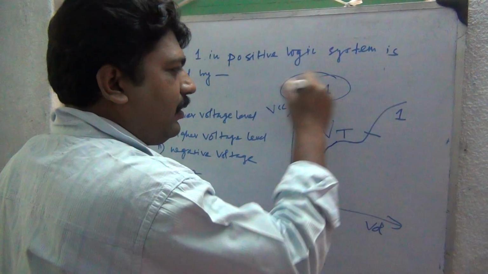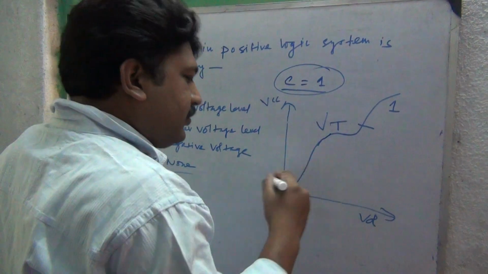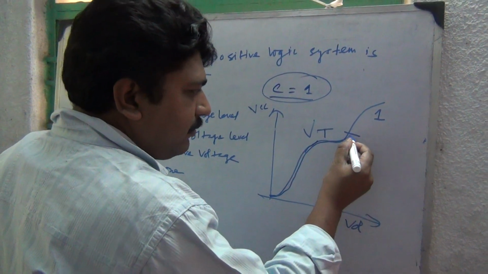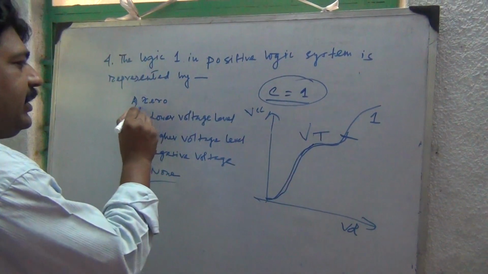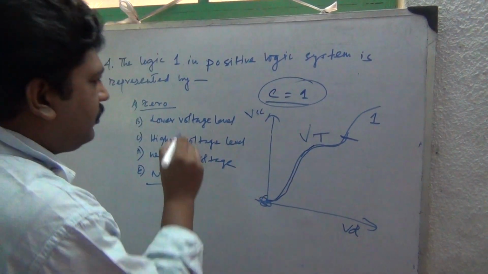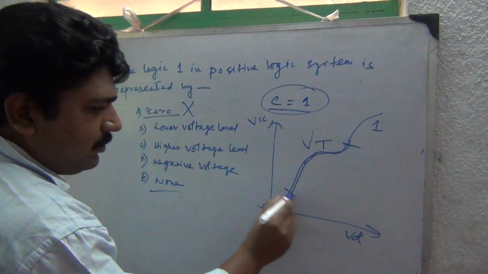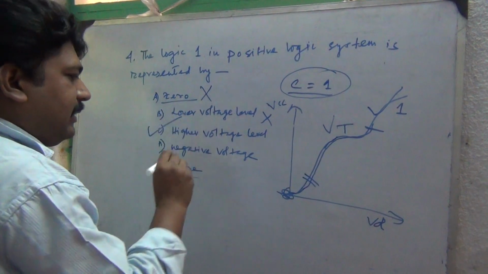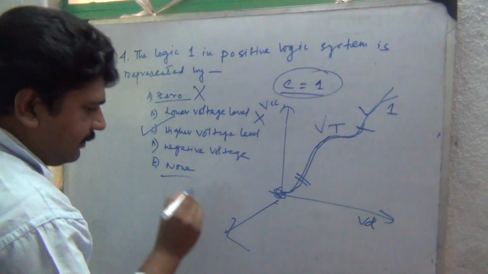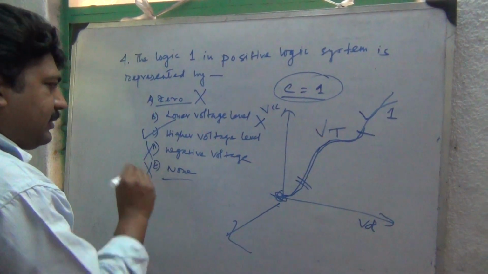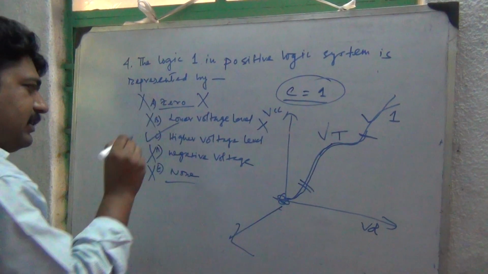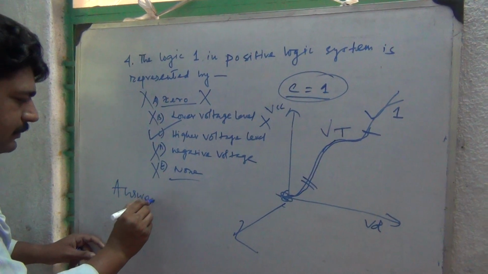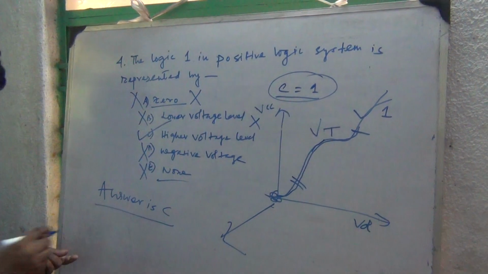So we are increasing our value from 0 and going to 1. So 0 is not correct. Lower voltage is not correct. Higher voltage level is correct. Negative voltage, no, it is not correct. So the answer is C.